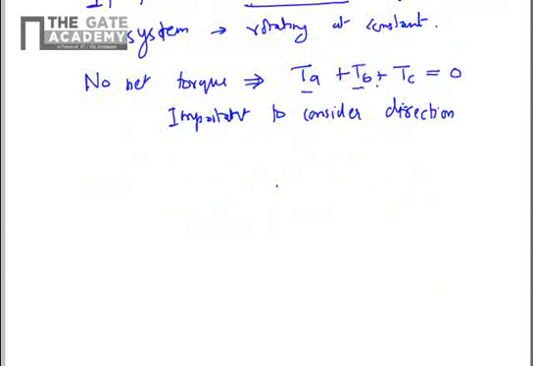Hence put the sign to get the correct results according to the directions considered. If in the final answer you get the opposite of what you assumed earlier, let's say you assumed that TB is negative and eventually it came out negative, then negative of negative will be positive. So it is important to remember your original sign convention and the final result that you got.